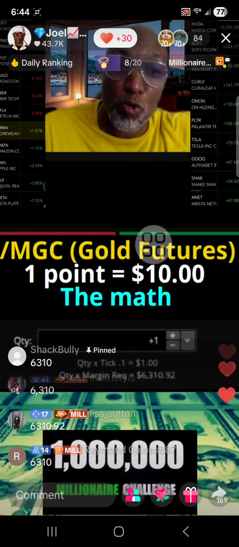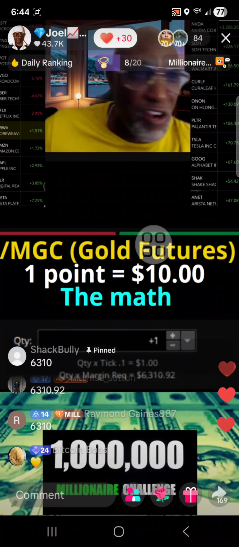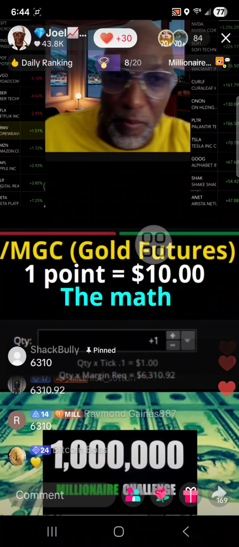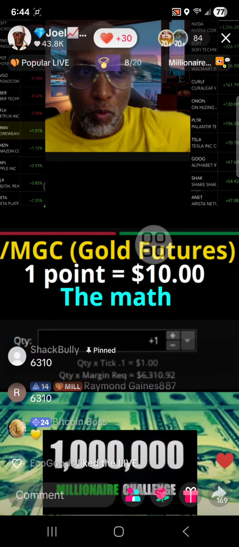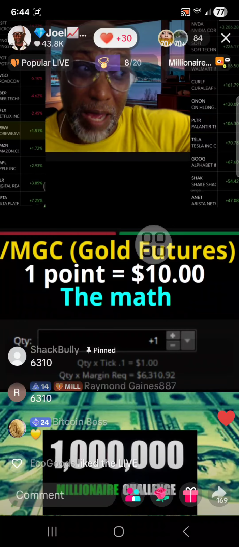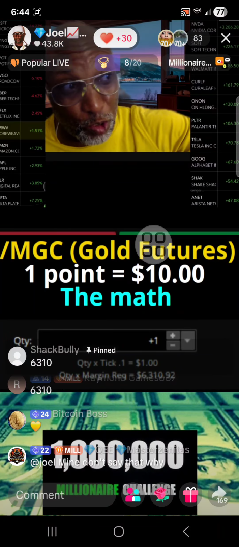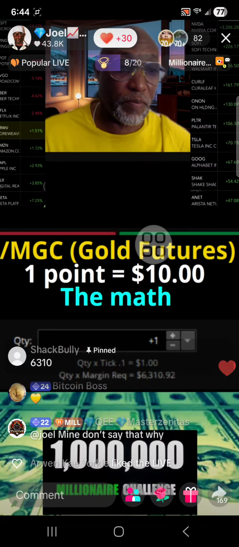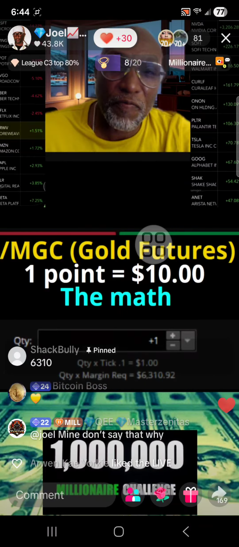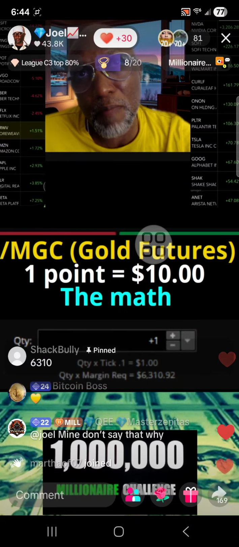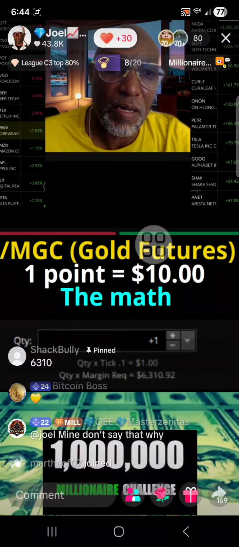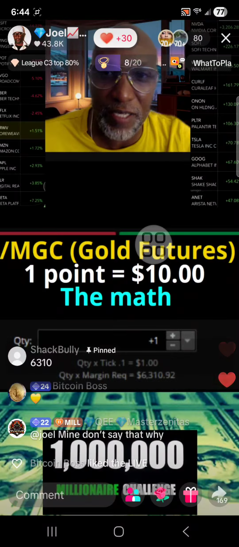Now, if you have $6,310, this is not the requirement across all brokerages. Every brokerage is going to have a different margin requirement. Webull, if they do futures, might be different from Robinhood, which will be different from NinjaTrader, which will be different from Thinkorswim. I love Thinkorswim because, in my opinion, it's one of the best platforms and best banks out there.